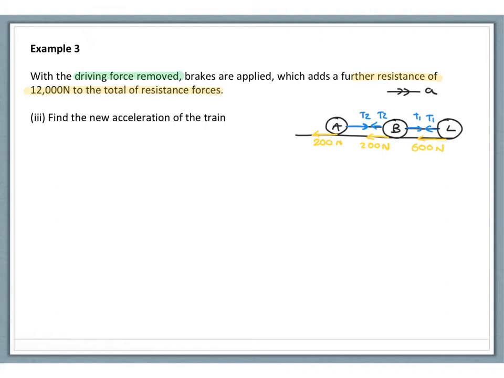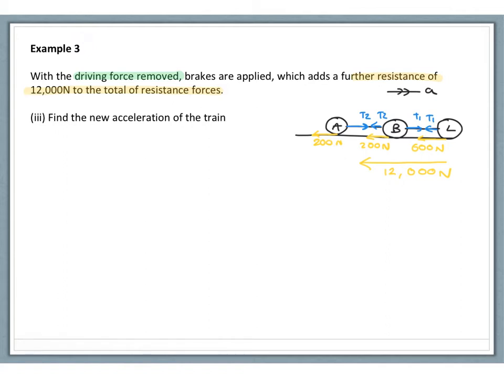Now you can see that the forwards force, the driving force of 36,000 newtons has been removed, but we now need to make sure we include an overall resistance force of 12,000 newtons. Now, there's a good opportunity here to actually use the original method that we looked at, which was to treat the system as one large particle.